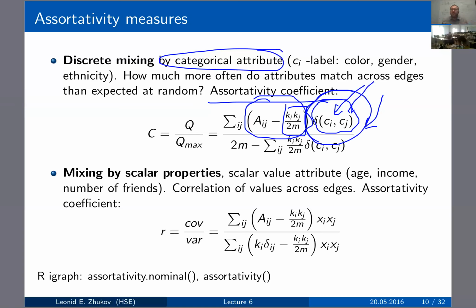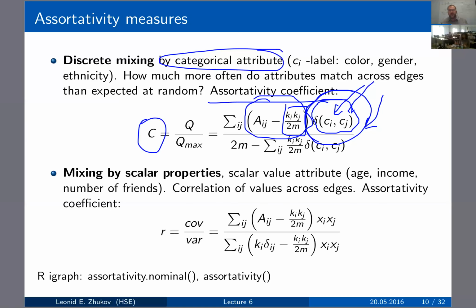And then we just add those values up and normalize them. So if people of the same preferences are more often connected than at random, then we definitely see assortative mixing. And if they're less, then we will see disassortative mixing, and this coefficient will reflect it.